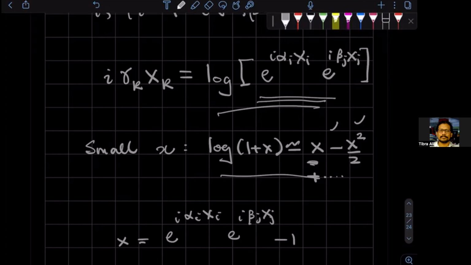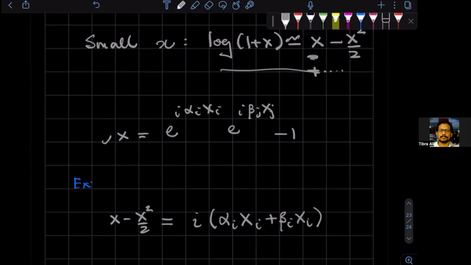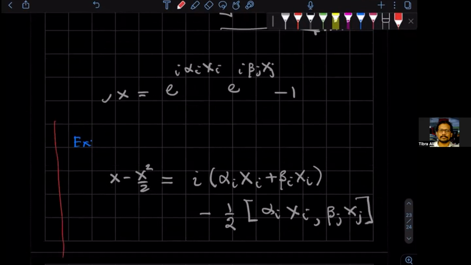Now if you do a little bit of algebra, and I'm going to leave that as an exercise, you can show that x minus x squared by 2 corresponds to i times alpha_i xi_i plus beta_i xi_i, minus, there's no i but a half, the commutator of alpha_i xi_i, beta_j xi_j.